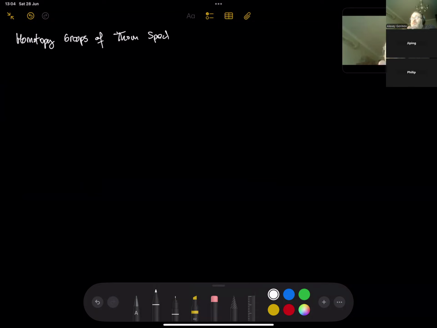Today we will see how to calculate the homotopy groups of the simplest Thom spectrum, the spectrum MO, and, well, another goal. I don't know whether or not we'll get there.